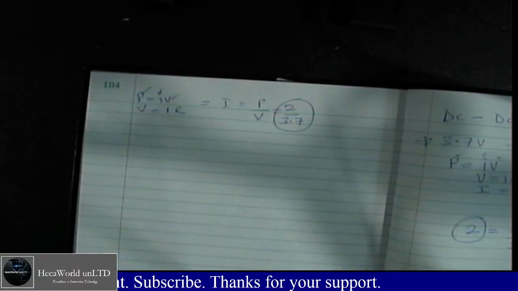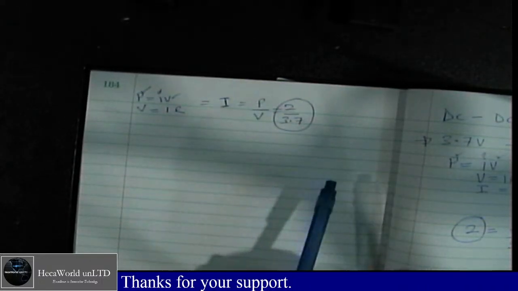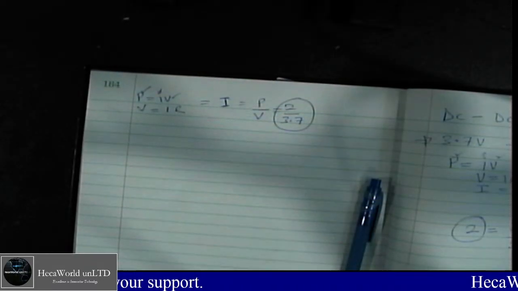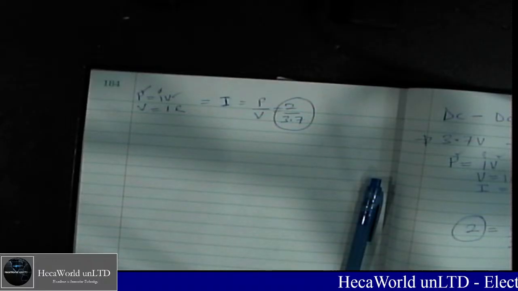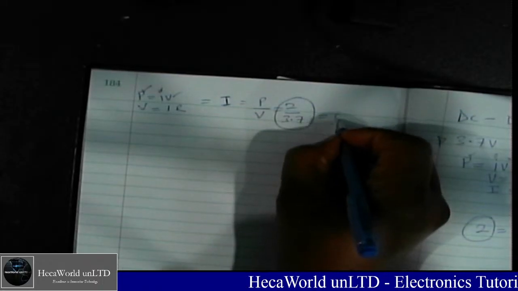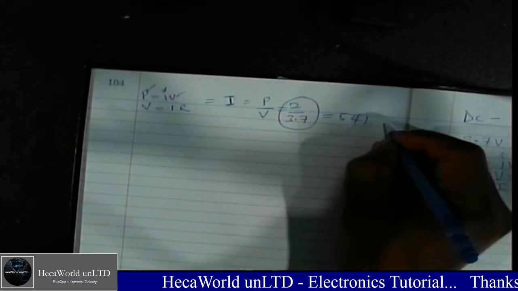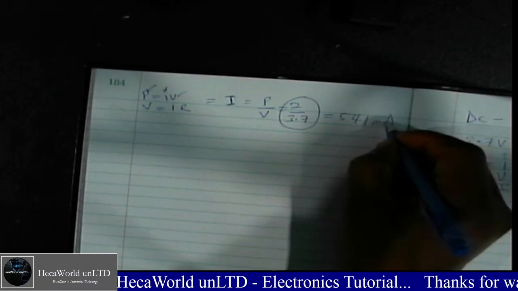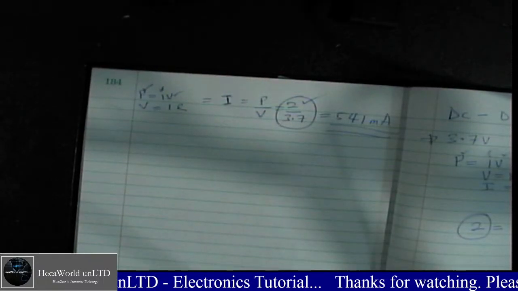I can calculate I, the current I will need to generate my power. So the battery must be able to supply that amount of current. That means I'll require approximately 541 milliamps for my battery to produce that amount of power.